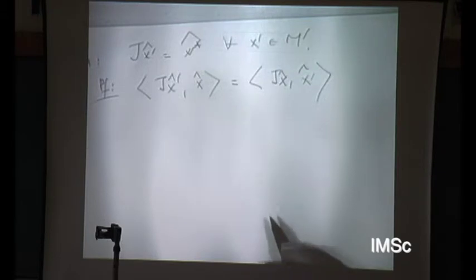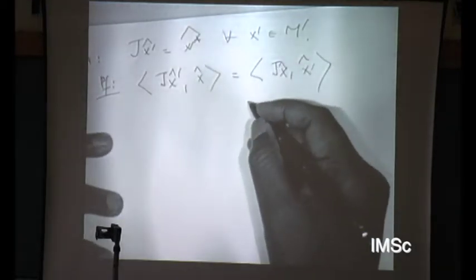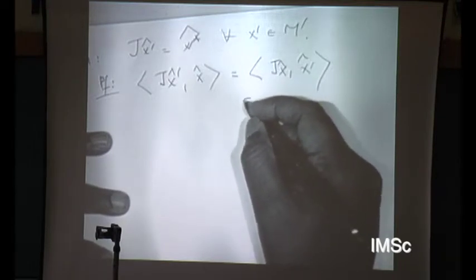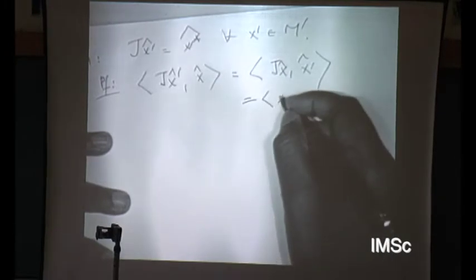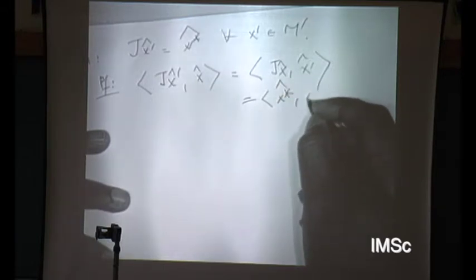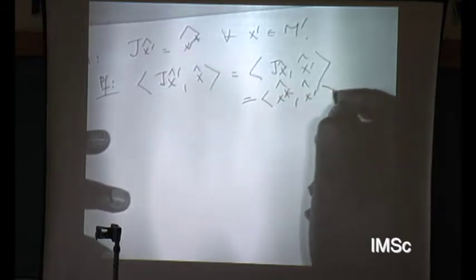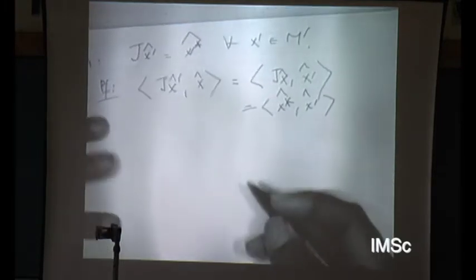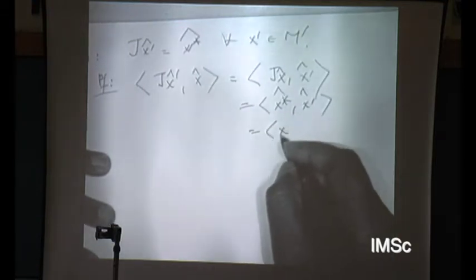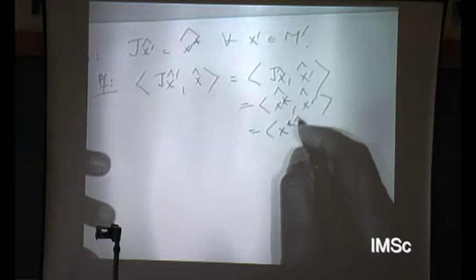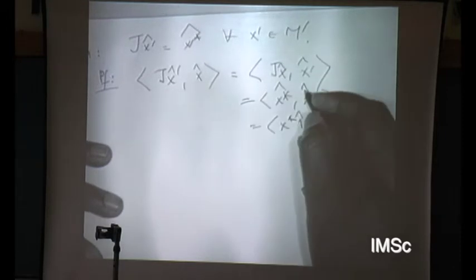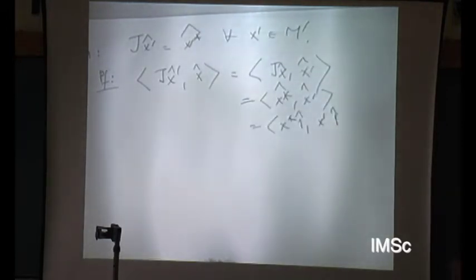Which is x star hat, x prime hat. But now I think of this as x star of 1 hat, x prime of 1 hat. Actually, I shouldn't write x prime hat, that doesn't make sense.